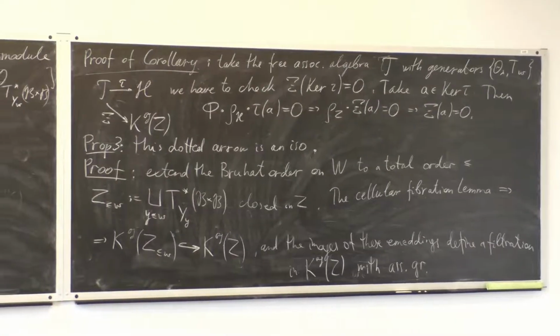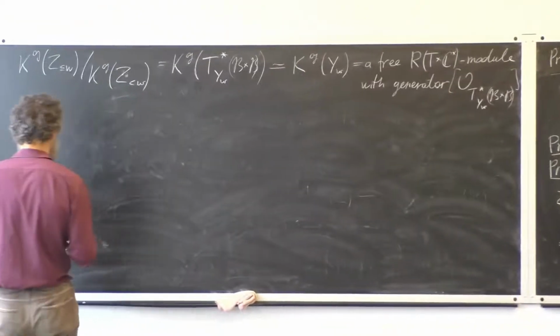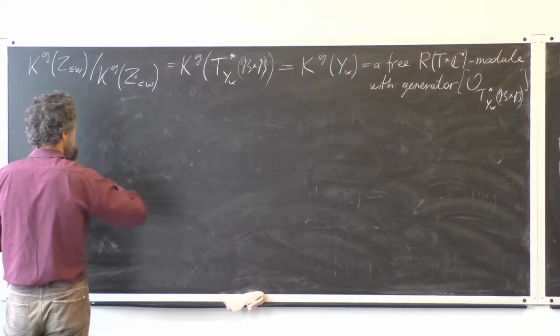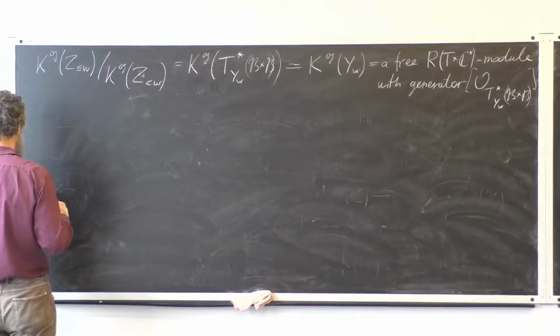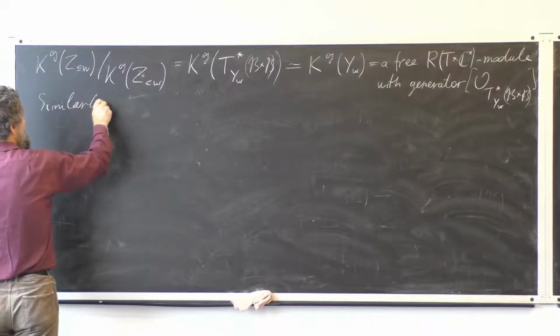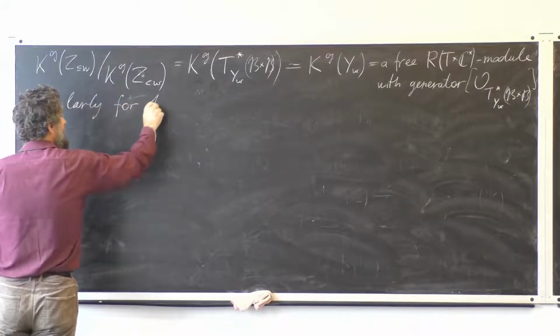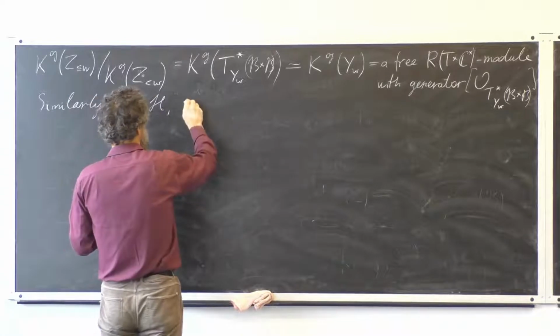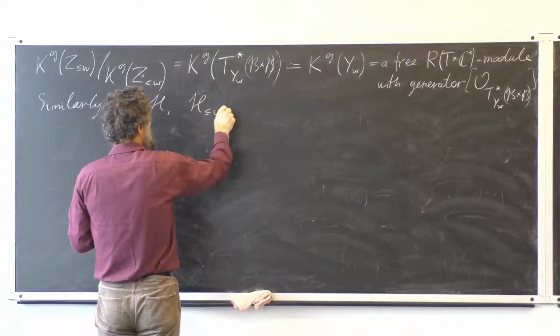and the similar thing happens for the Hecke algebra because we know this Bernstein presentation. There is a filtration like this.